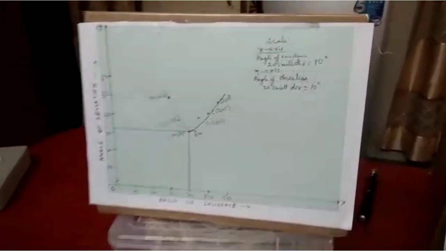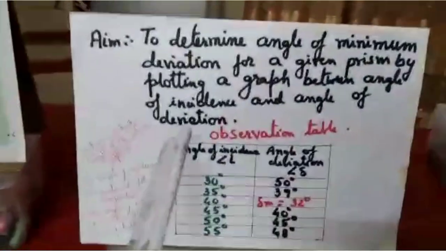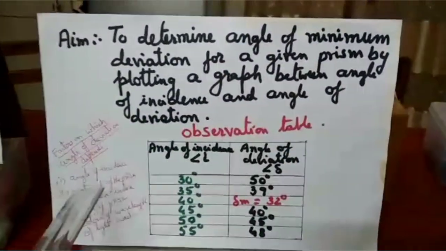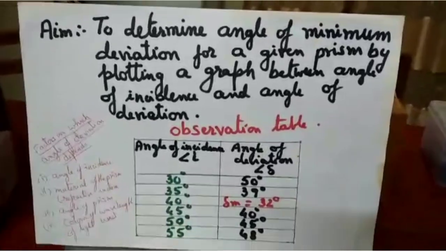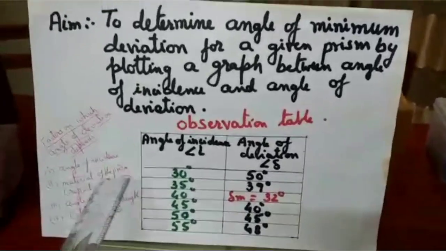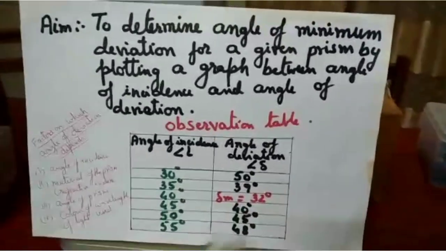Now you may have a query: on what factors does the angle of deviation depend? Why am I saying minimum deviation? The factors on which the angle of deviation depends are the angle of incidence. You can see as I am changing the angle of incidence, the deviation is changing.